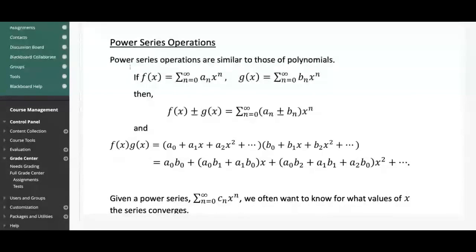Okay, let's see power series operations. So let's see, f of x can be represented as a power series. And g of x also can be represented by a power series, but with different coefficients.